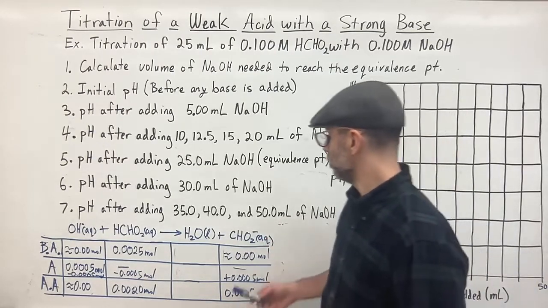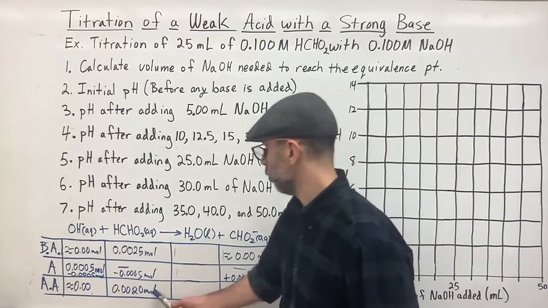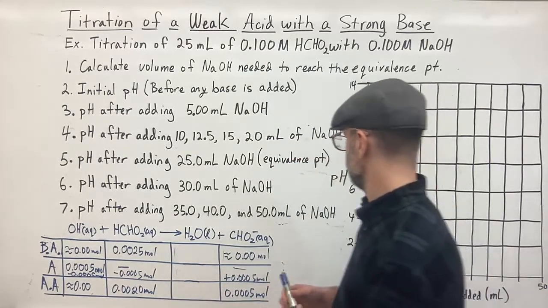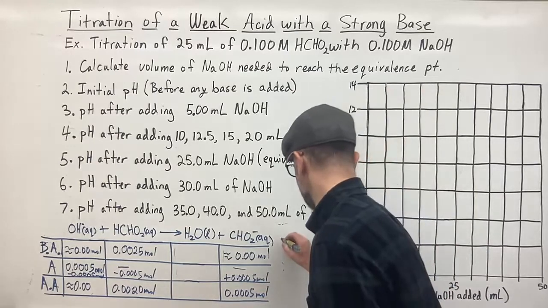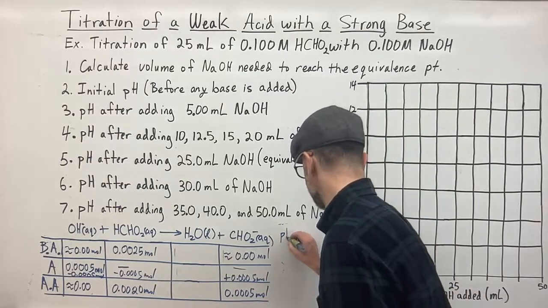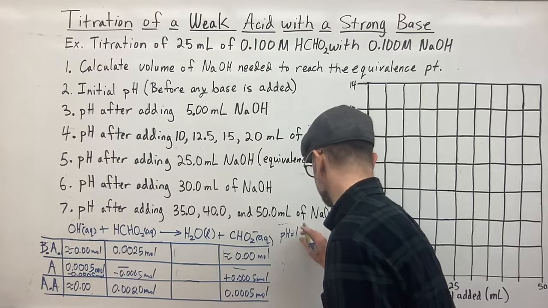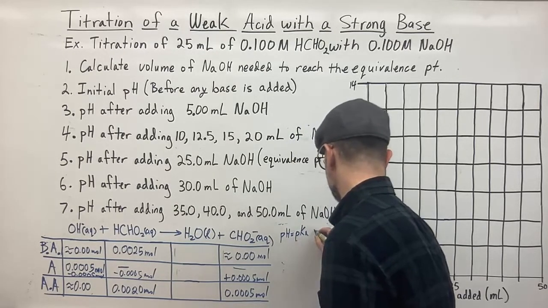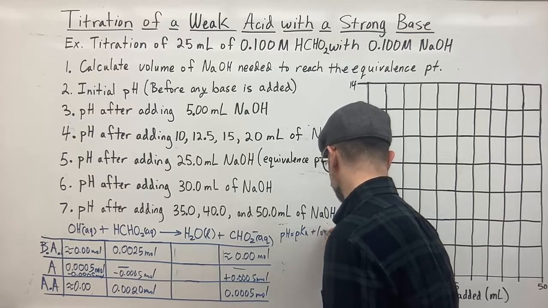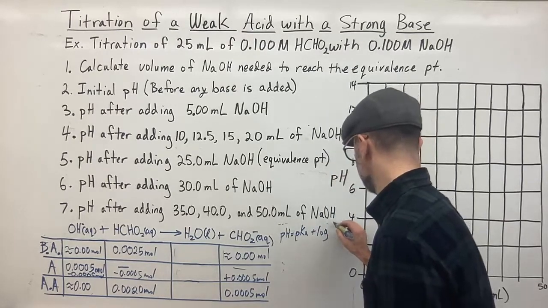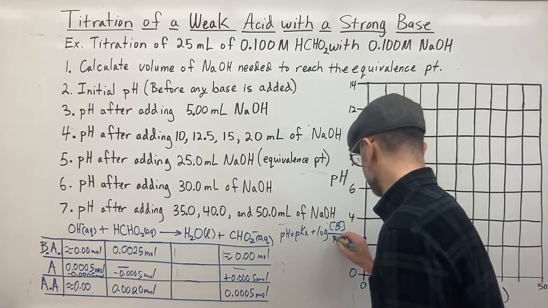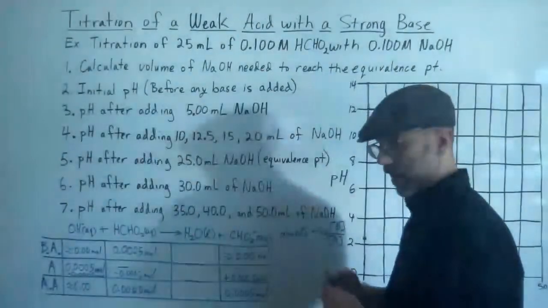So using the moles, you can stick that into your Henderson-Hasselbalch equation. So the Henderson-Hasselbalch equation, again, is pH is equal to the pKa plus the log of the base over the concentration of the acid.